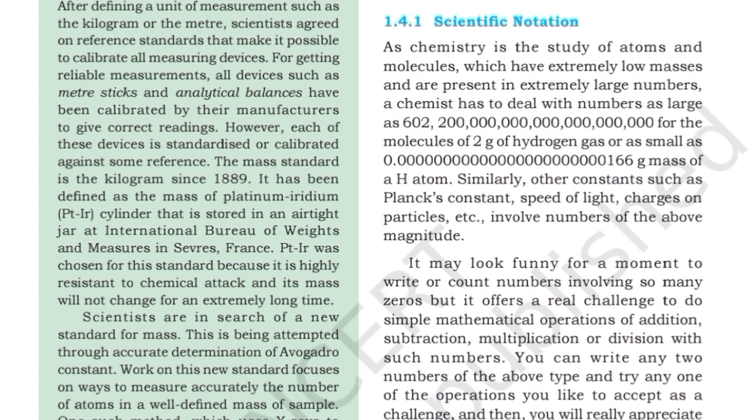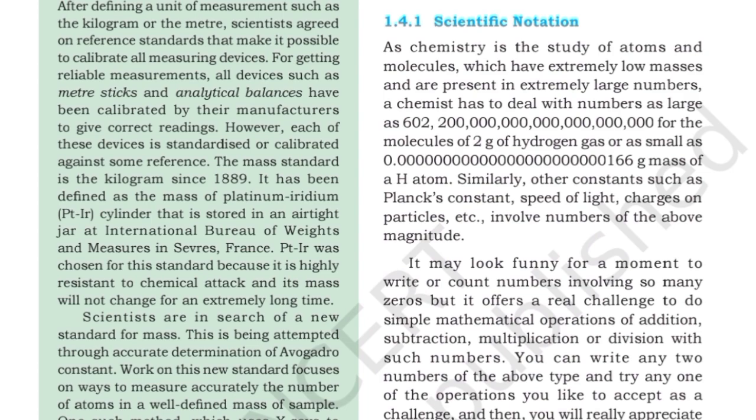As chemistry is the study of atoms and molecules, which have extremely low masses and are present in extremely large numbers, a chemist has to deal with numbers as large as 602,200,000,000,000,000,000,000 for the molecules of 2 gram of hydrogen gas, or as small as 0.000000000000000000166 gram mass of each atom.